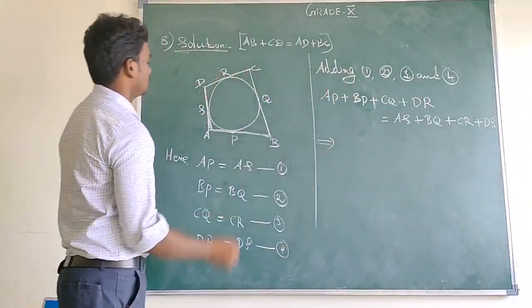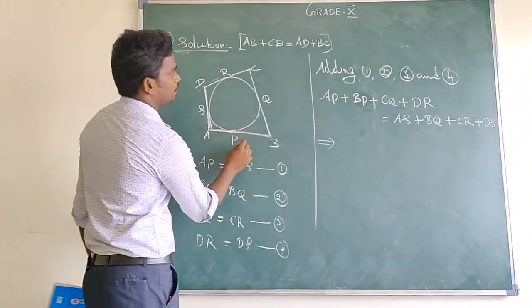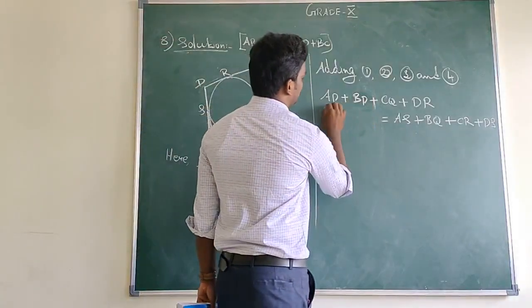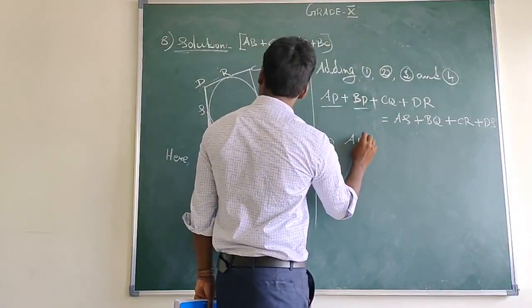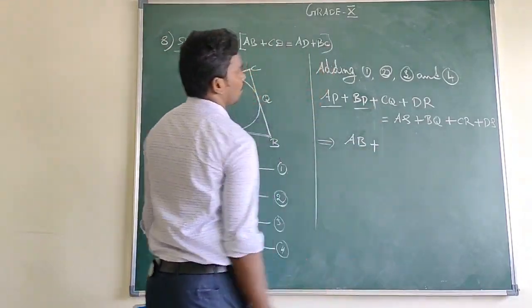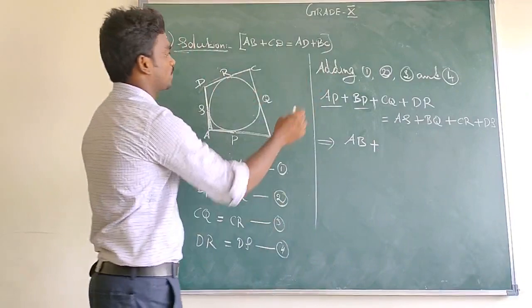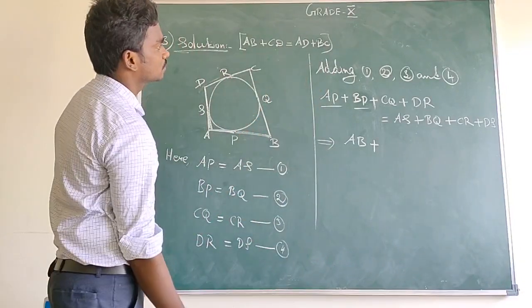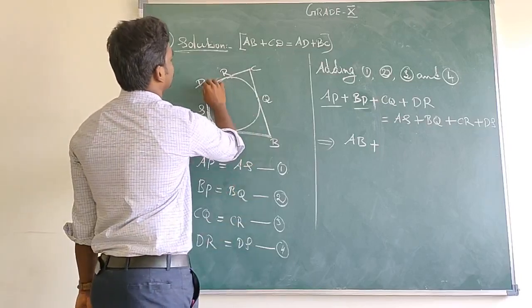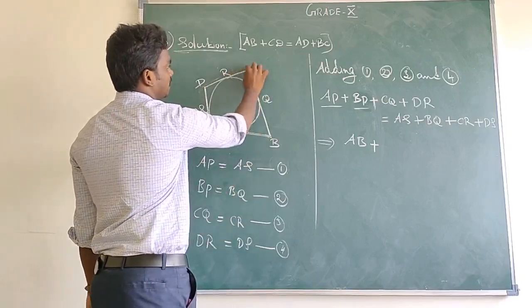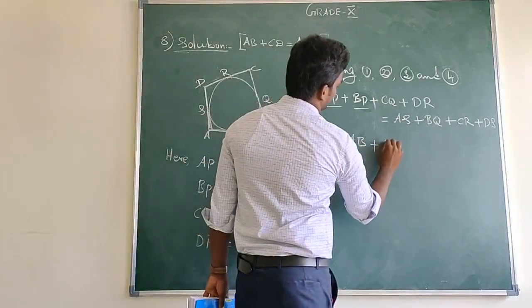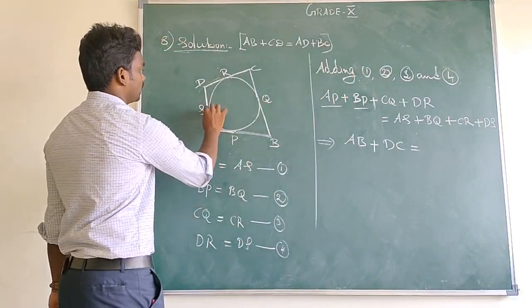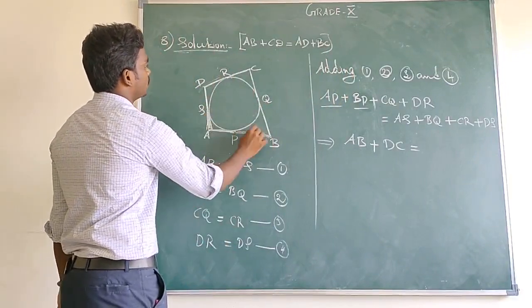Implies that AB plus BP, plus the length of CQ plus DR. CQ plus DR, so CQ is the same as CR, which is equal to AS plus BQ.